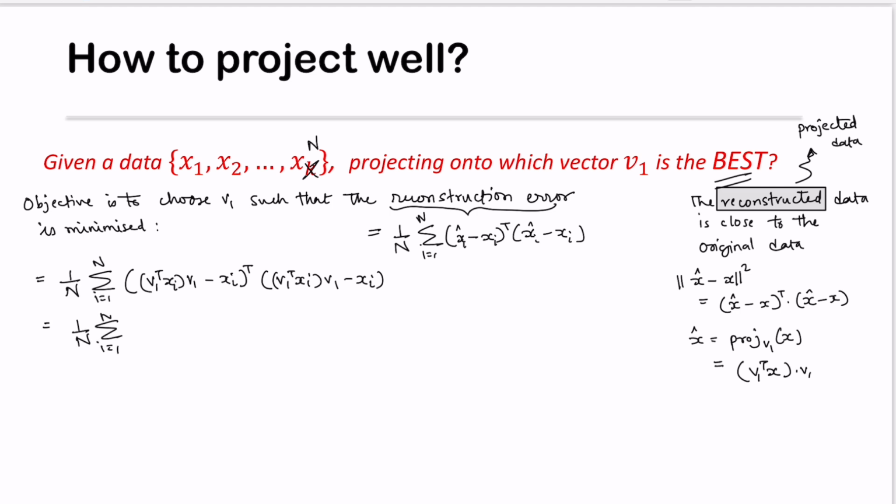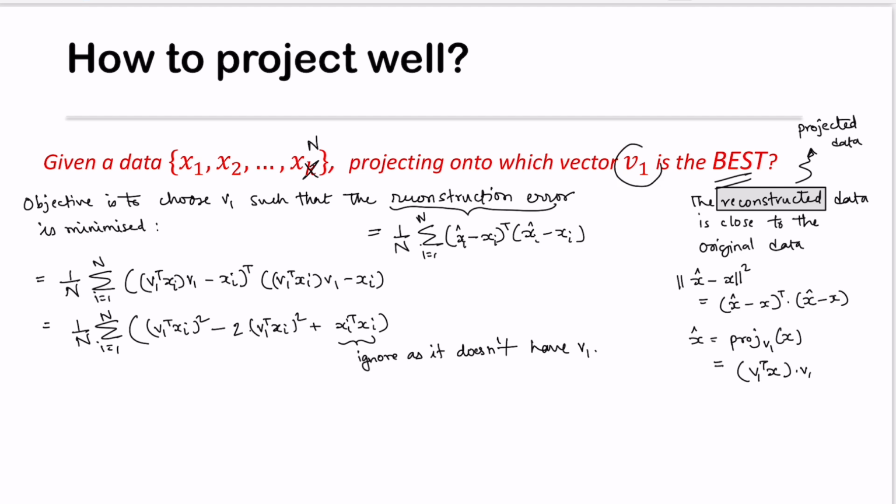Now this can be rewritten as (v1 transpose xi) whole squared minus 2 times (v1 transpose xi) whole squared. Observe that these are scalar quantities, plus xi transpose xi. Here xi transpose xi can be ignored because it does not have the v1 term, because we are minimizing the reconstruction error with respect to v1.